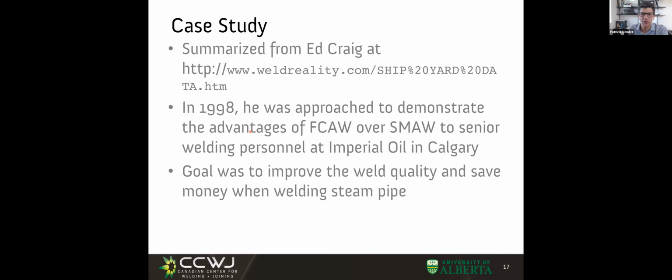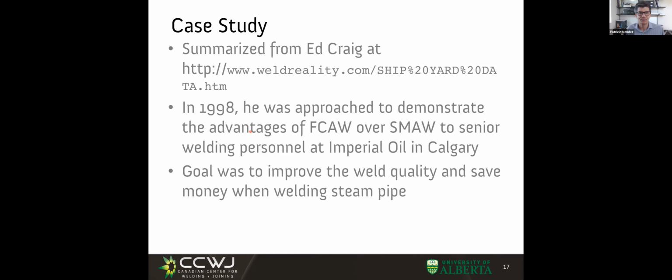This is some time ago when Imperial Oil wanted to see if they could do their projects faster, and they were considering flux core versus stick. Once upon a time, there was a big debate. Today, it's not a debate at all. It's just, if we can, we do flux core, and if we don't, it's because we couldn't, because we don't know how or don't have the equipment or some reason.